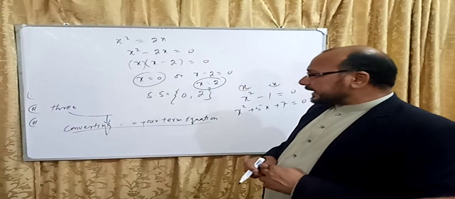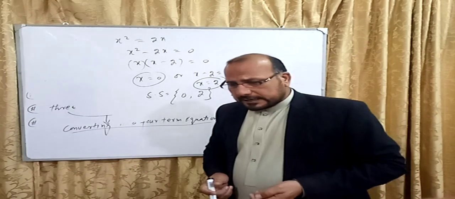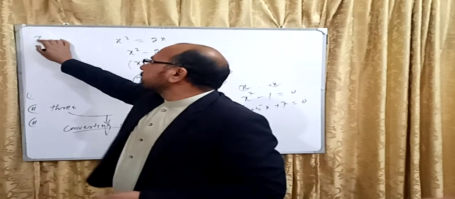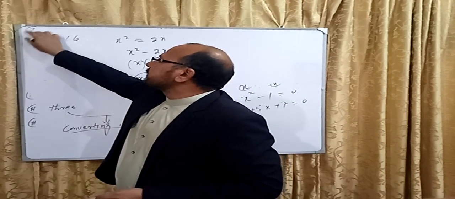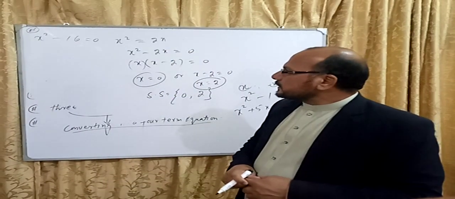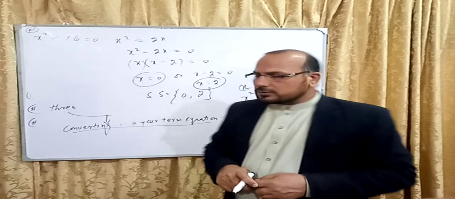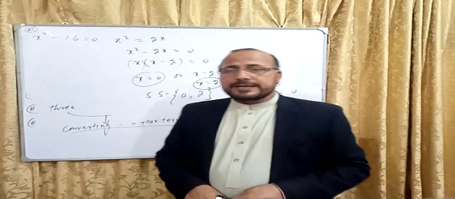Now, in case you have a form like x square minus 16, suppose this is an equation equal to 0, and we need to find the solution set of this equation. Through factorization, we are discussing how we can make the factors.